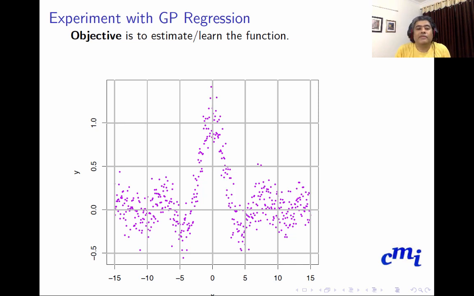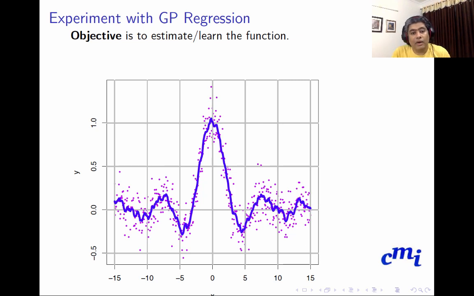So here I have simulated 500 samples from that function, and now all we have is this data, the x values and the y values on the y-axis, these 500 points that I have here. Using GP regression, I estimated this function.